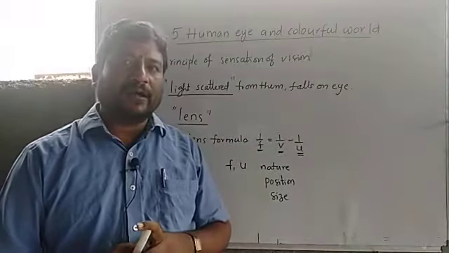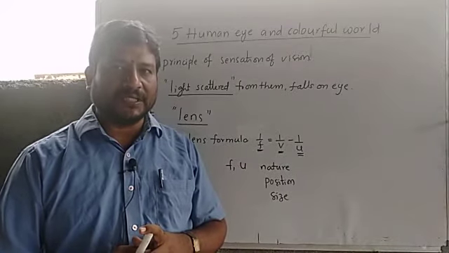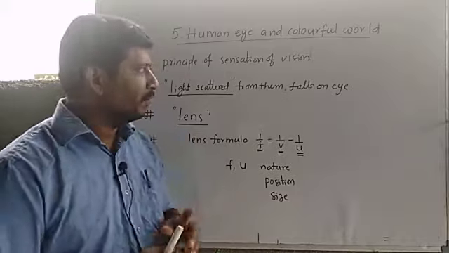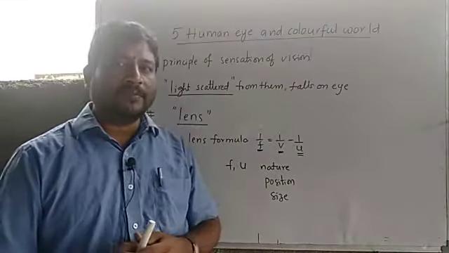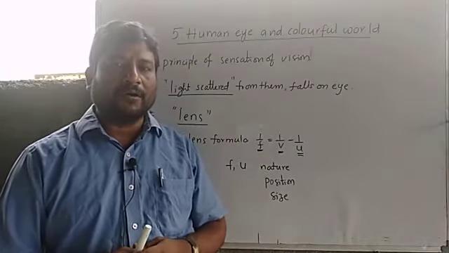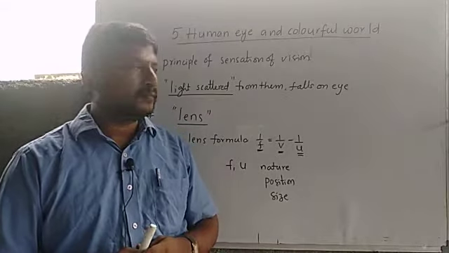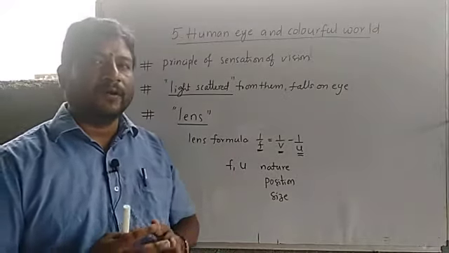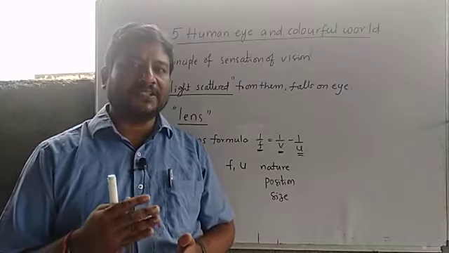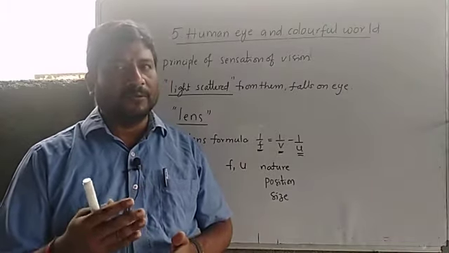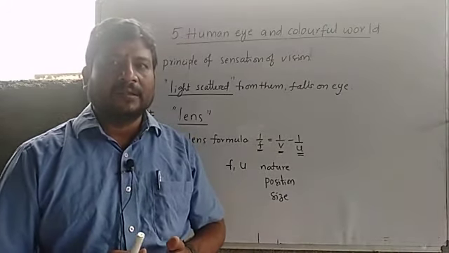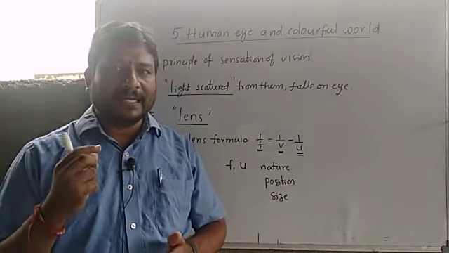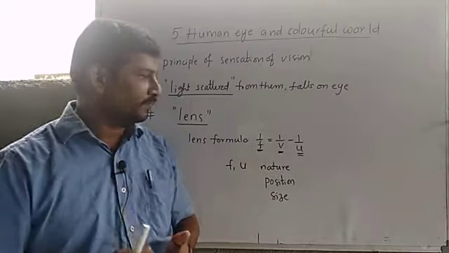Our human eye functions on the principle of sensation of vision. We see objects around us because the light scattered from them falls on the eye. Then we get sensation of vision. We are able to see the objects. Our human eye has a lens in its structure.